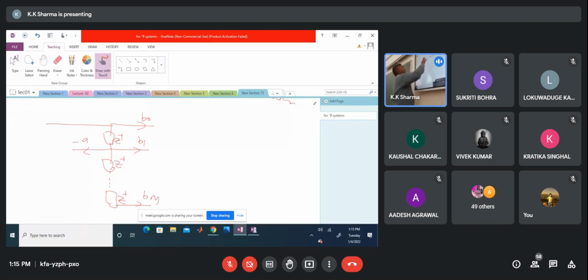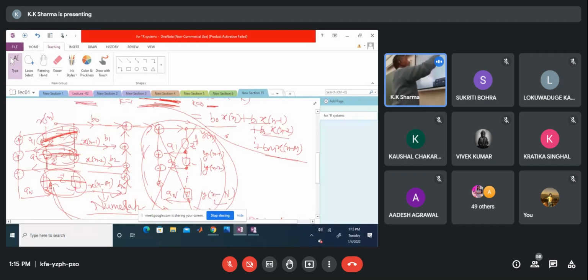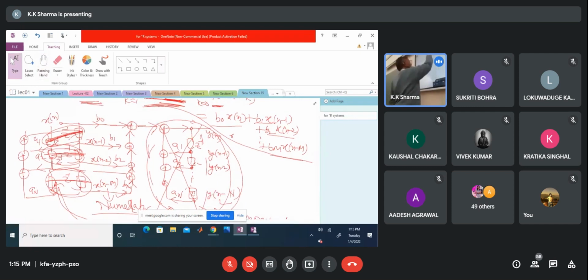In fact, there is a mistake here. All these coefficients will be minus A1. All these coefficients A1, A2 will be with a minus sign. Why?